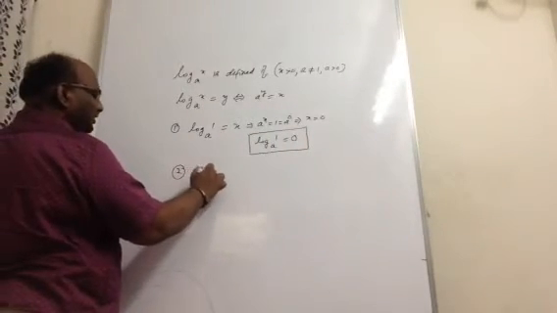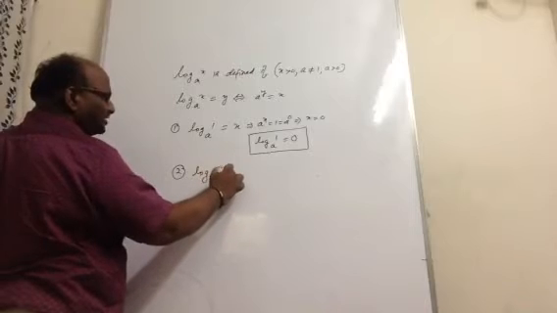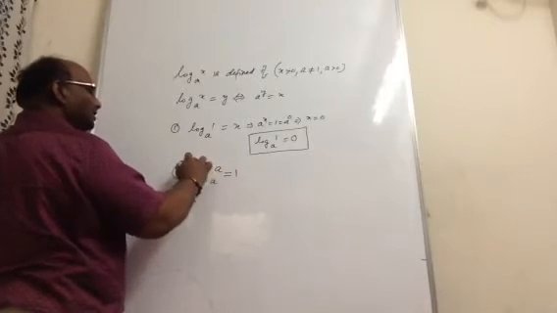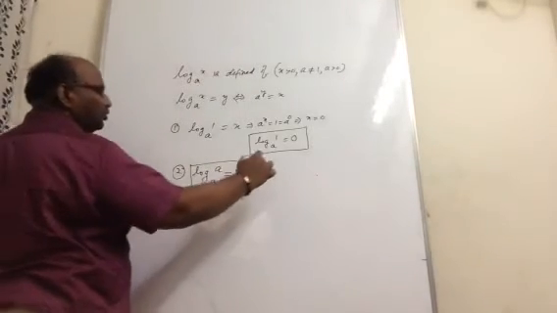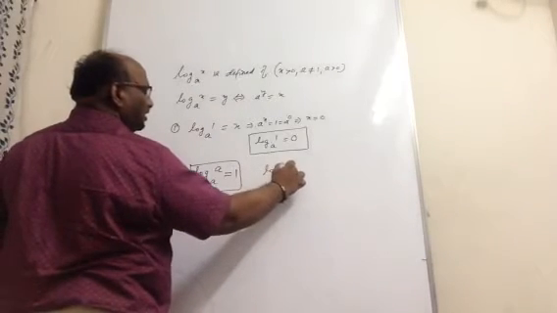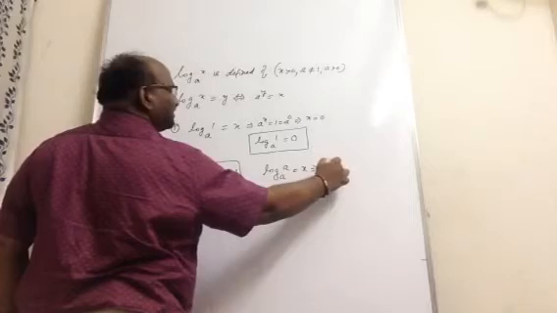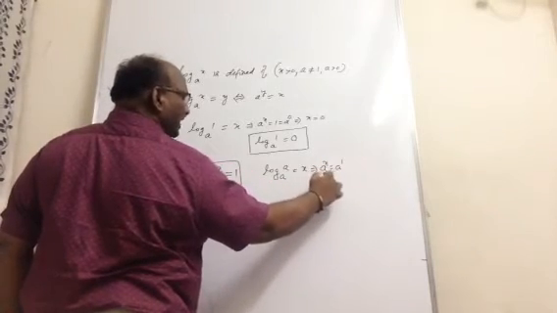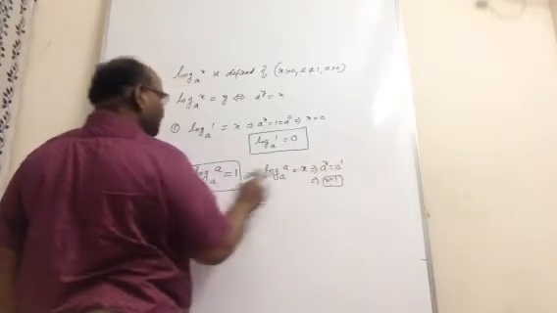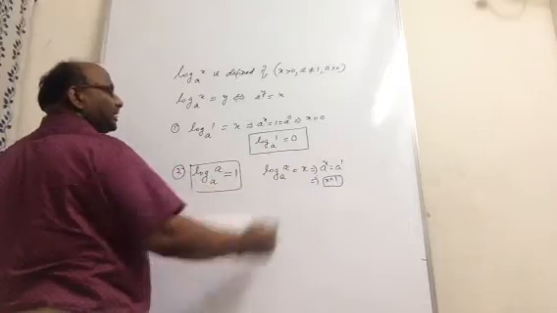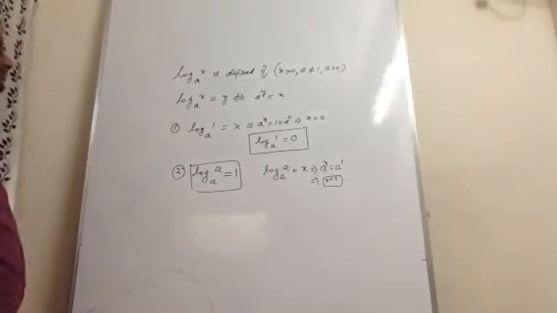Second result: log a to the base a is 1. How do you get this result? Assume log a to the base a as x. a power x is a, which implies x equals 1. So log a to the base a is 1.